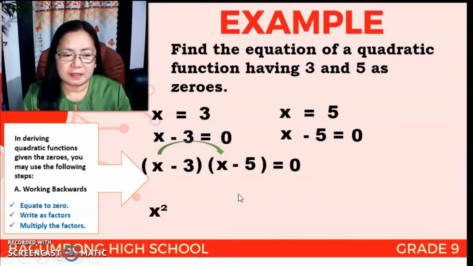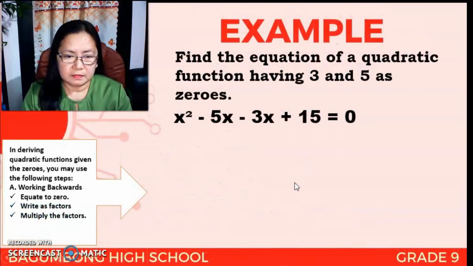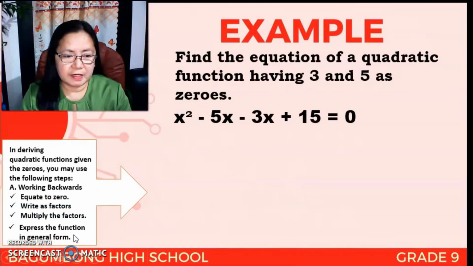x times x is x squared. x times -5 is -5x. -3 times x is -3x. And -3 times -5 is positive 15 is equal to 0. Next, express the function in general form.